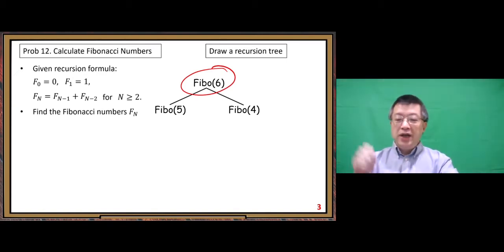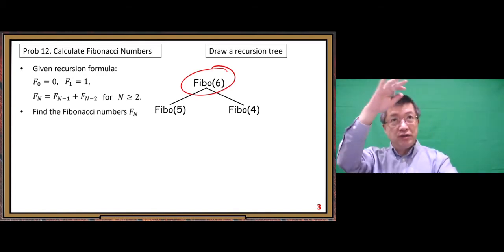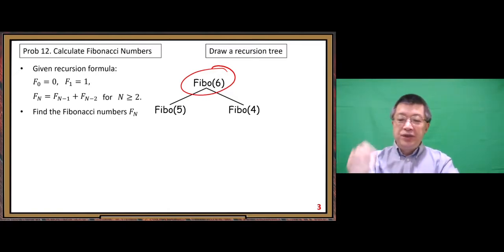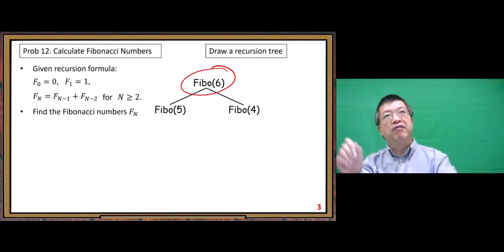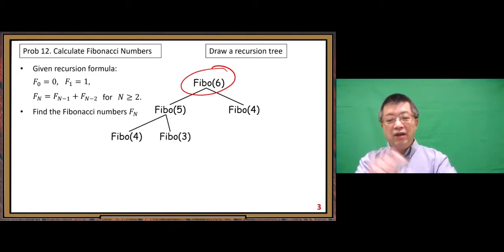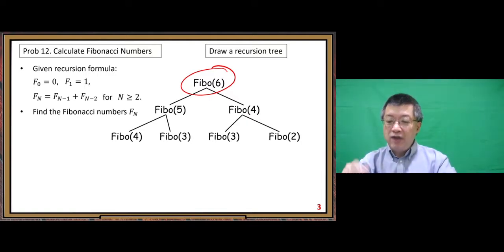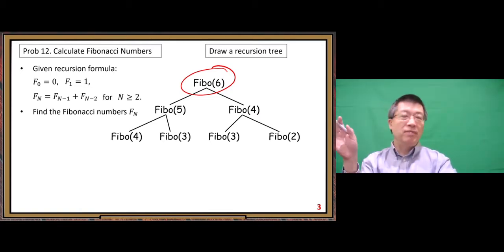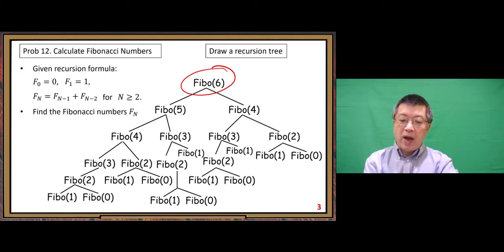Fibonacci number of 6. In order to calculate it, based on the definition of our recursive function, we need to calculate fib of 5 and fib of 4. In order to calculate fib of 5, we need to calculate fib of 4 and 3. For fib of 4, we need to calculate fib of 3 and fib of 2, and so on. So you keep going until you reach the bottom.